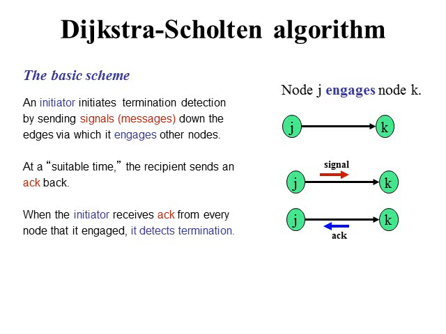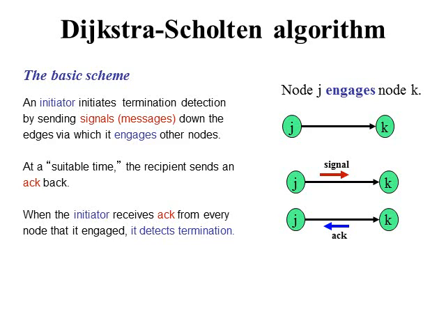Let's look at the basic scheme behind the Dijkstra-Scholten algorithm. So the very first thing we need to know is that the algorithm is started by a node called the initiator node, or the initiator process, which initiates the termination detection algorithm by sending signals or messages down the edges via which it engages other nodes.